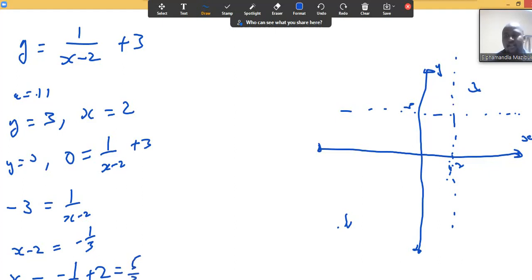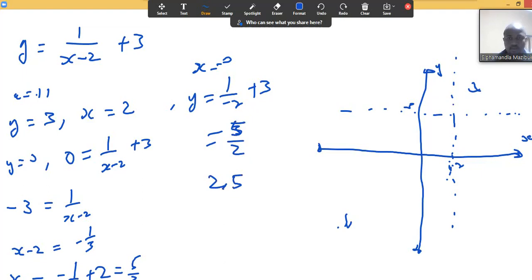And now for the other intercept, where our x is equal to 0. So we should have y equal to 1 over minus 2, plus 3. So let's see what we're getting there. You have minus 1 over 2 plus 3, that is nothing but 5 over 2, so changing that, it is 2.5.